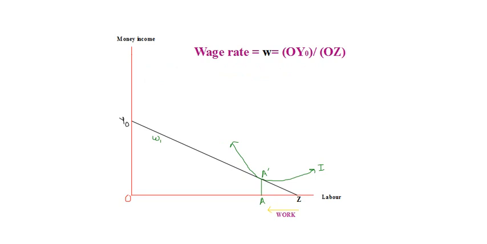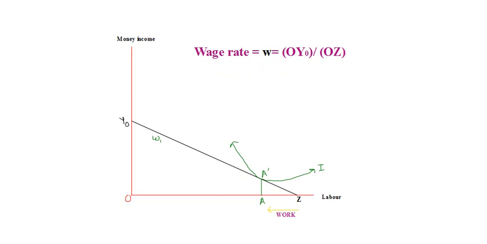So if the total number of hours available in a day are given by OZ, which you can consider as say 24 hours, then an individual has a choice of how much to allot for leisure and how much to allocate for work.